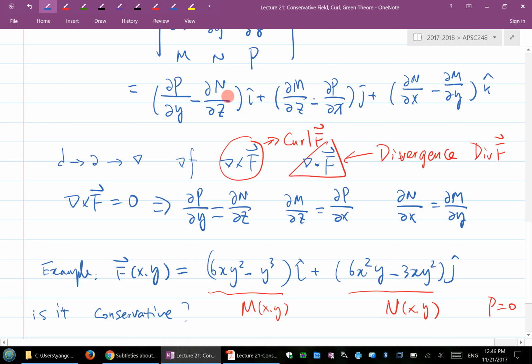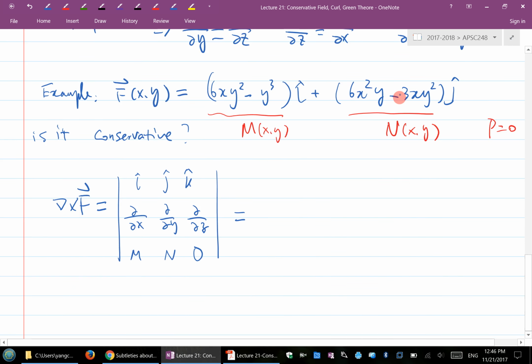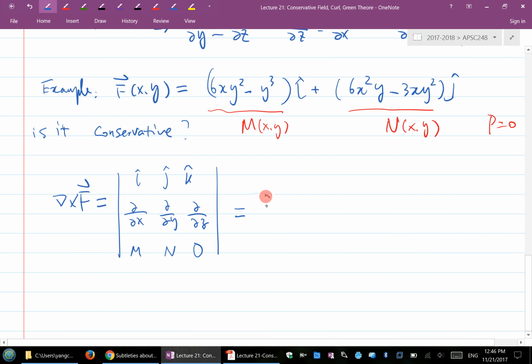You only have the last term left, because M is not a function of z, N is not a function of z, and P is 0. So the last term is partial N over partial x minus partial M over partial y, times k hat.